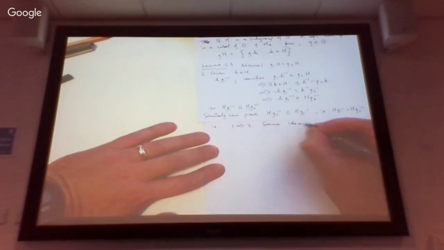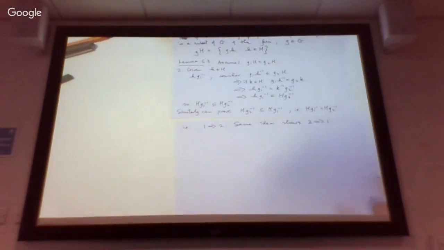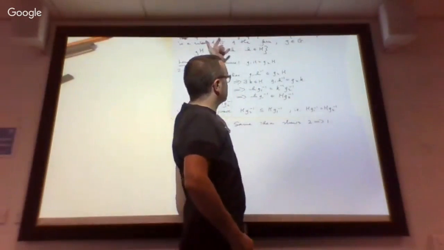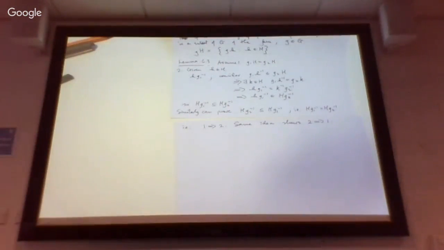The same idea shows that 2 implies 1, because we just run the same argument, except we start with G1 inverse and G2 inverse instead. Okay. So we just switch left to right and so on.